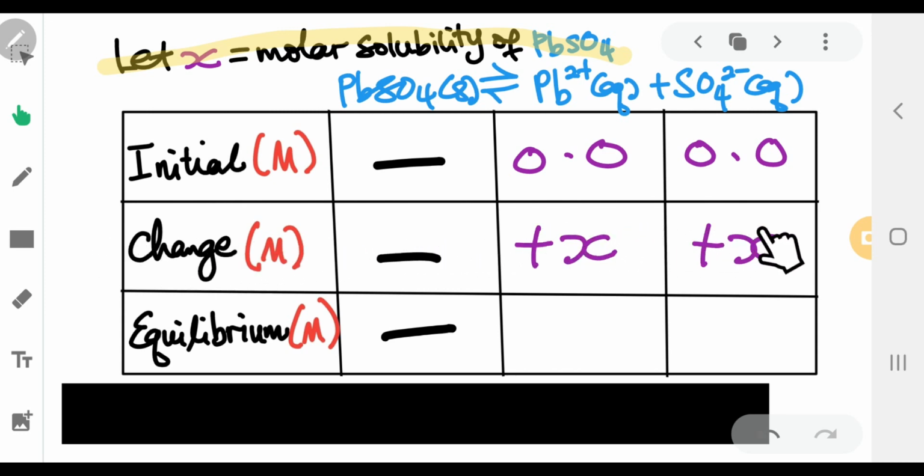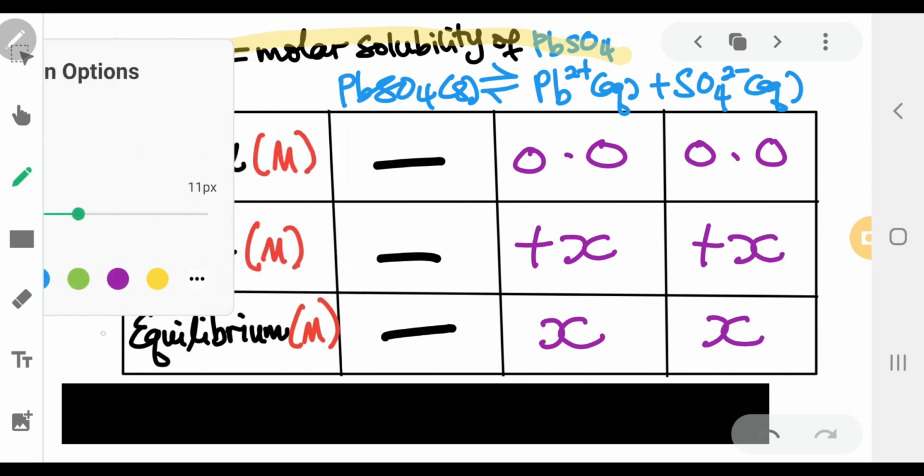Now, what about the equilibrium? Remember, 0 plus X, you would get X, and 0 plus X, you would get X as well.